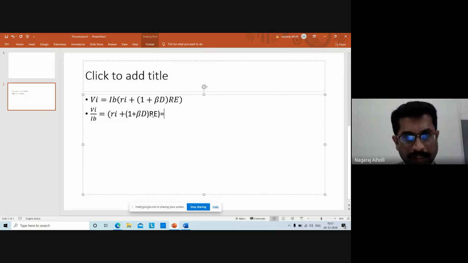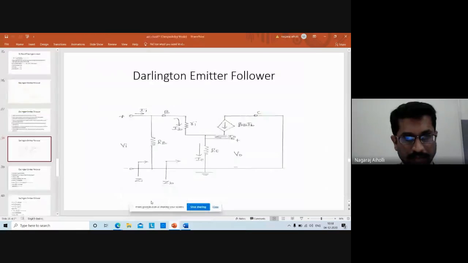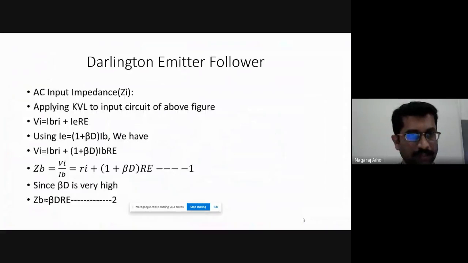This is nothing but Zb. It is the impedance between base terminal to ground. It is Ri plus (1 plus beta d) into Re. That is what is written here. Zb is equal to Vi by Ib, that is Ri plus (1 plus beta d) into Re. Take it as equation 1.